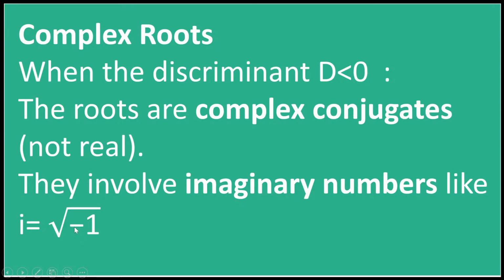When iota is involved in any value, we call them imaginary numbers or complex conjugates. The bottom line is, if D is less than 0, then our roots will be complex roots.